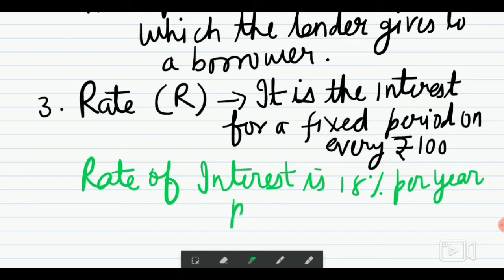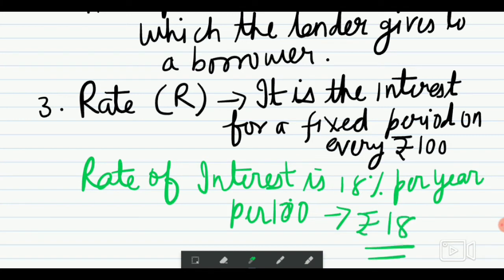So 18 rupees per 100 is the interest they will take.